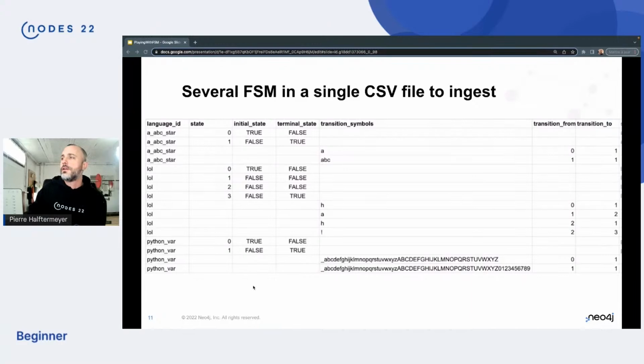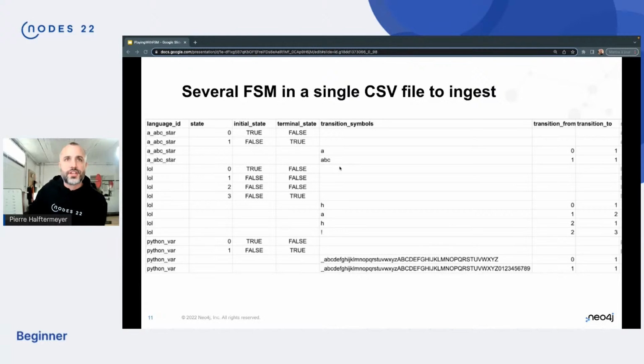A Python var is an alphanumerical string that does not begin with a number, and underscores are accepted. When I have several symbols in my transition, you can consider it's a list of admitted symbols for this transition.